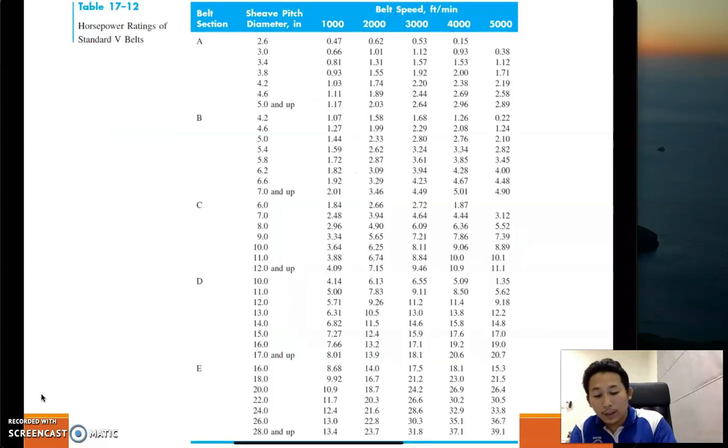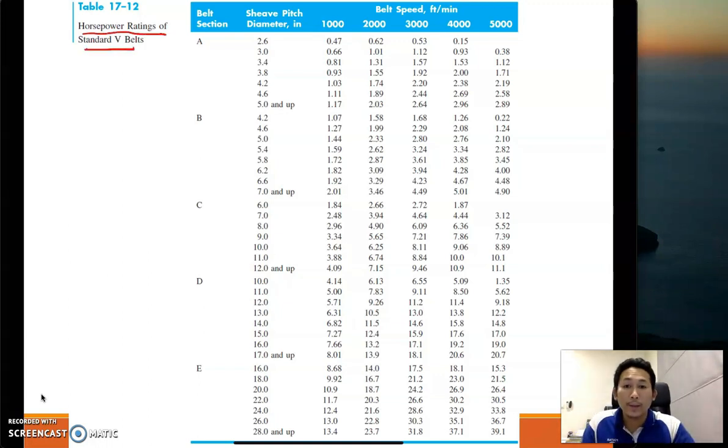This is the horsepower rating of the standard V belts. So we have the sections A, B, C, D, E, and the diameter, and this is the speed, the belt speed.